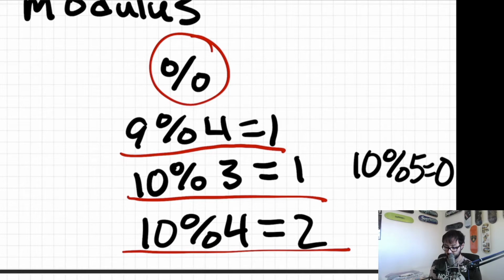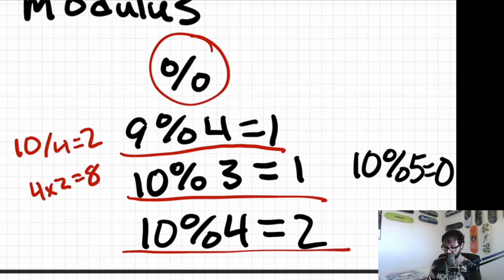Because 10 divided by 4 equals 2, because 4 times 2 is 8. But we have that remainder of 2, so we get the 2. And then 5 times 2 is 10, so we get 0.